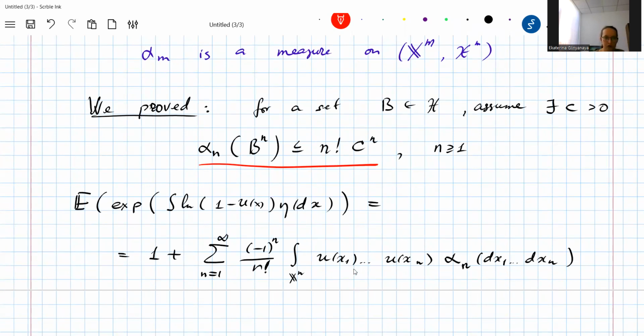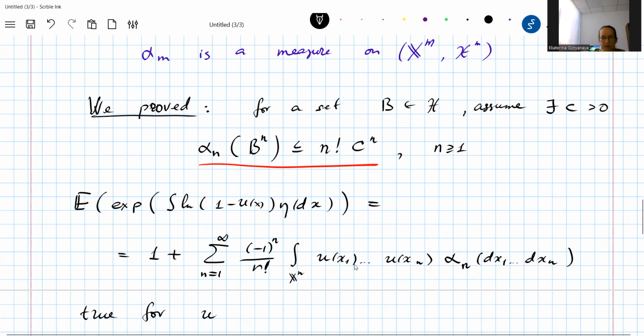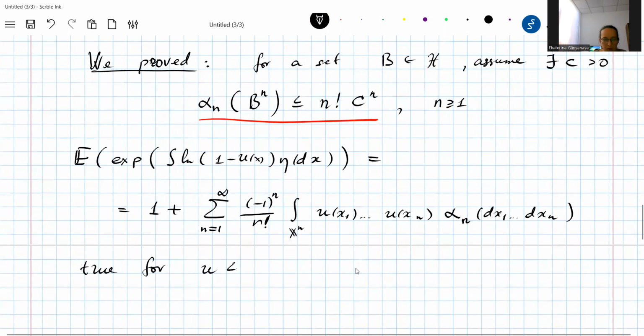And this was true for a function u that is bounded by some constant a, where a is less than 1 over c.